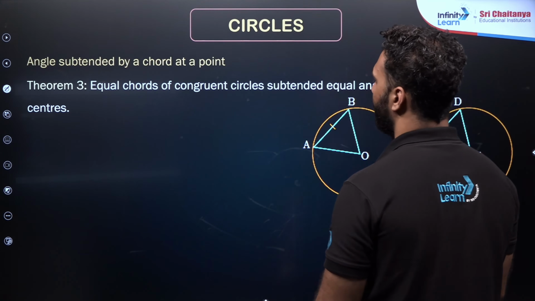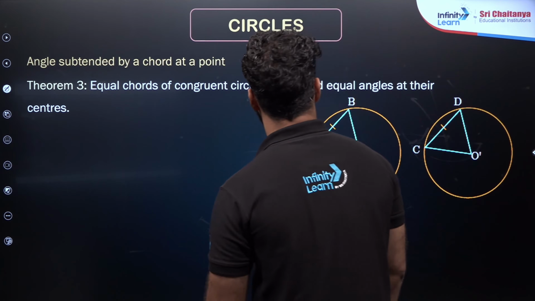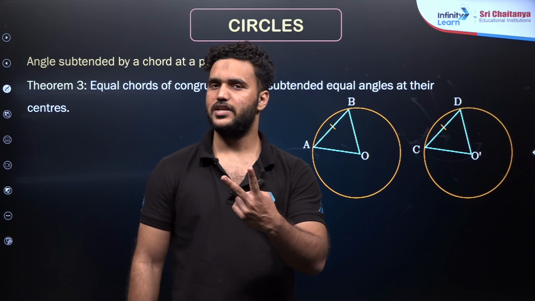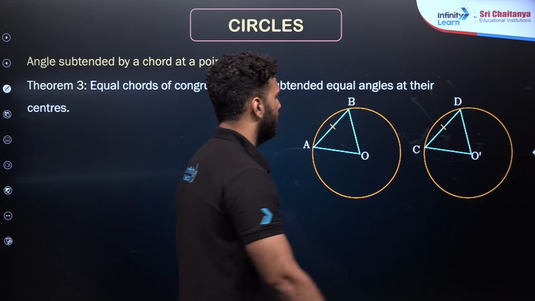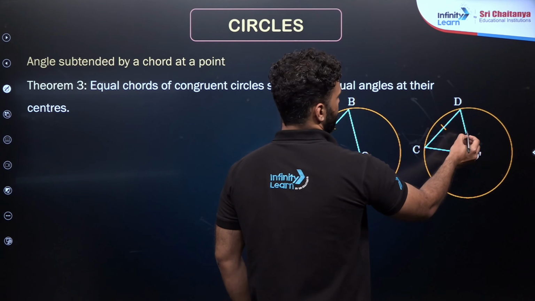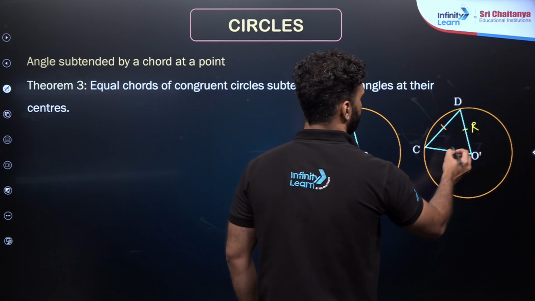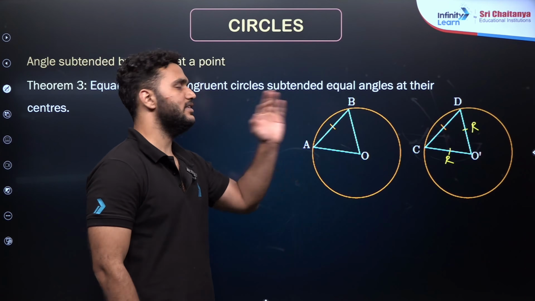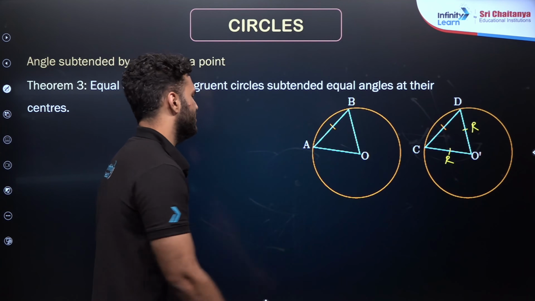Next theorem: equal chords of congruent circles subtend equal angles. You have two congruent circles. Congruent circles mean the radii are equal. Now if this line is R, this line is R, and it is given that AB and DC are equal, AB and CD are equal, you can say.